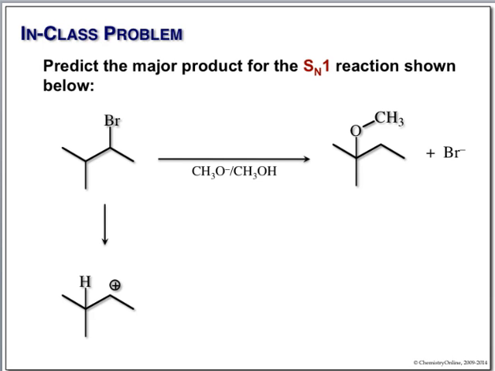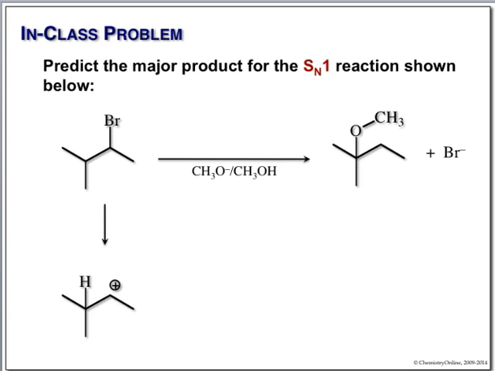This undergoes a rearrangement. So this is the other thing that was unique about SN1 reactions. They can undergo rearrangements. And that's because what happens here is what's called a 1,2 hydride shift.